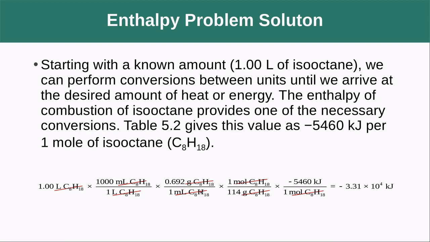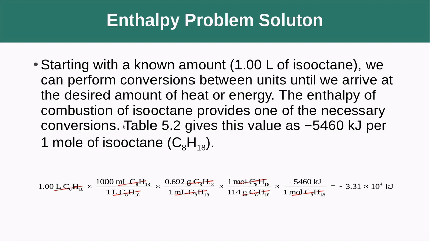So we would know if we did this calculation that there's 692 grams of isooctane in 1 liter. Then we need to figure out how many moles we have. So we would have had to calculate the molar mass of the isooctane to get the moles.